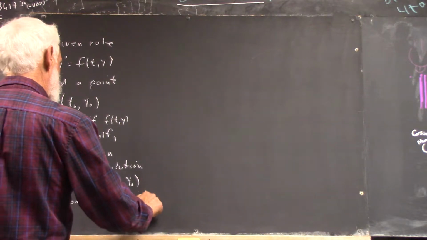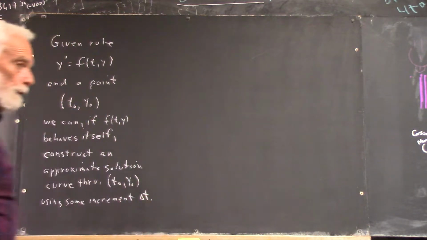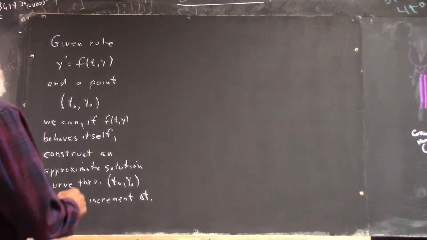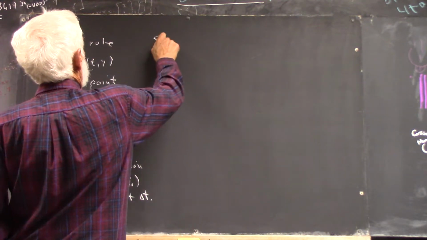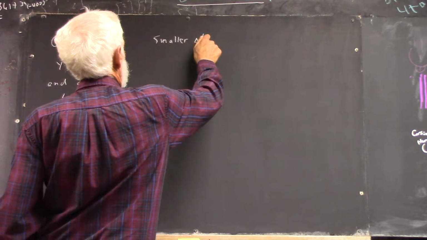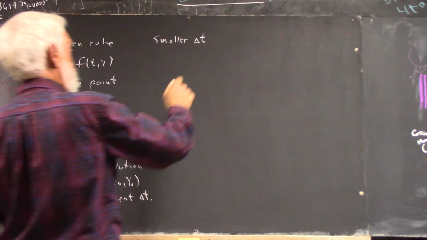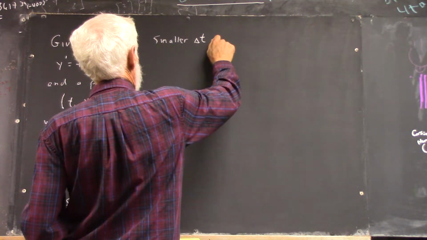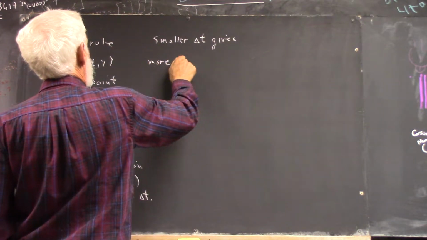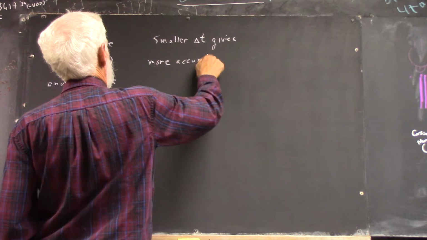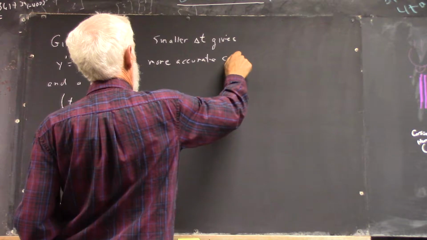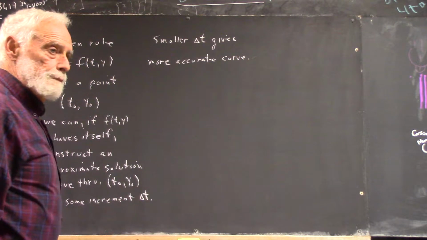Using some increment delta t. Okay? Smaller delta t gives a more accurate curve. Okay?